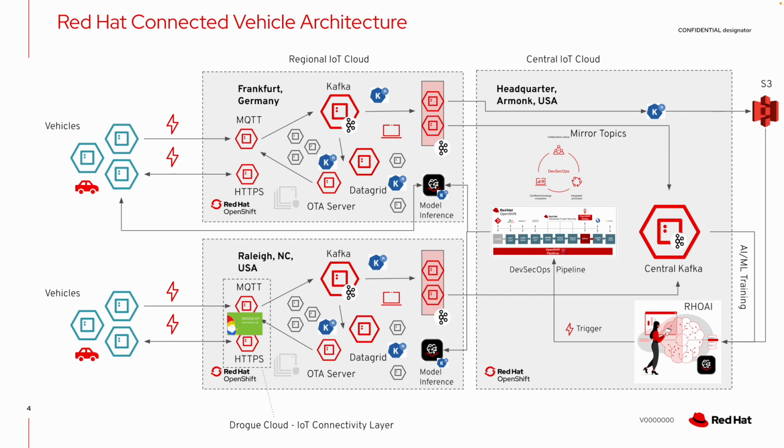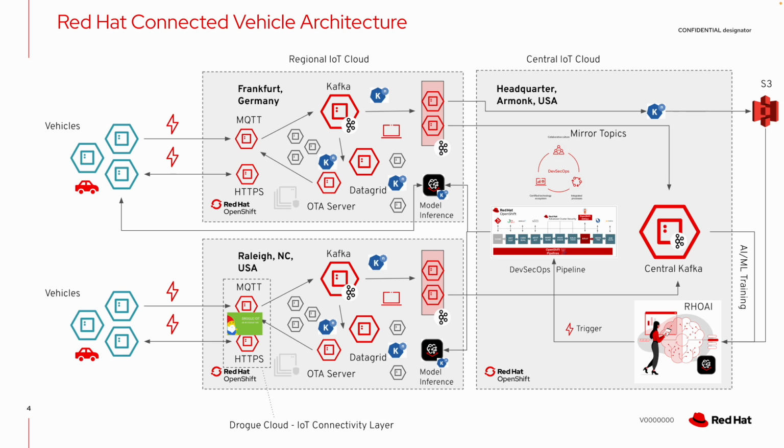We also have some integration components running in the regional IoT cloud environment. There is a distributed in-memory cache, an over-the-air update server, and a bunch of Knative services already running there. What we want to do in this demo is some machine learning.